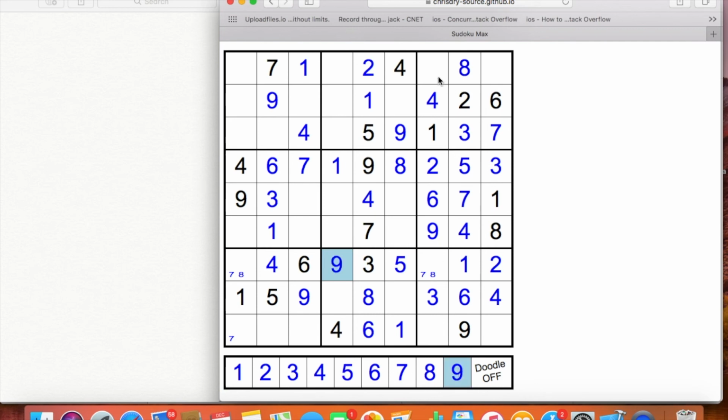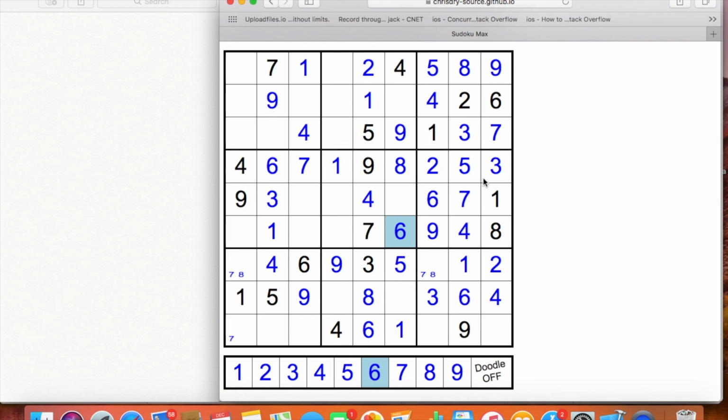And that means in these two top squares, which are both 5 and 9, that must be a 9 and that must be a 5. If you check out all of the bottom right hand squares, there's actually only one place a 6 can go, and it is there.